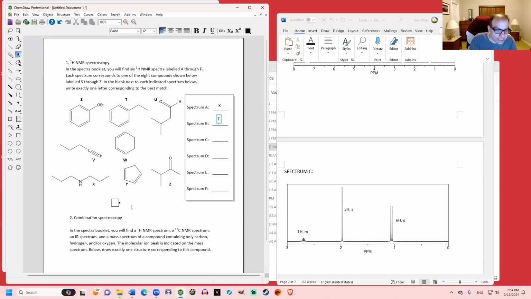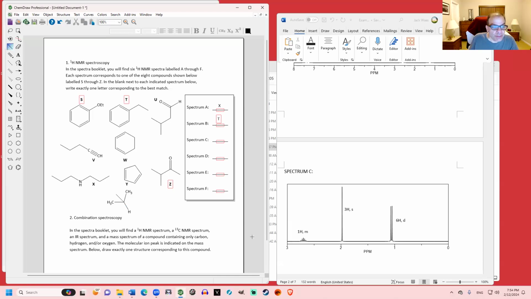So from this, we're getting two equivalent CH3s next to 1 hydrogen, and then attached to something else, attached to another carbon, most likely.